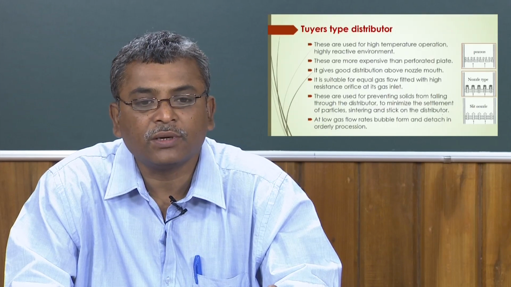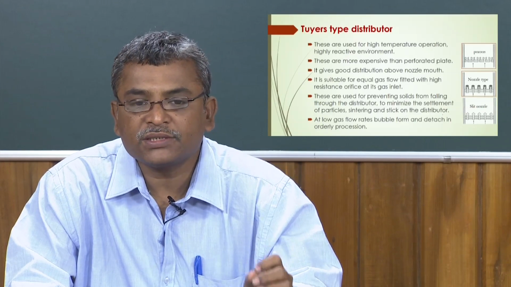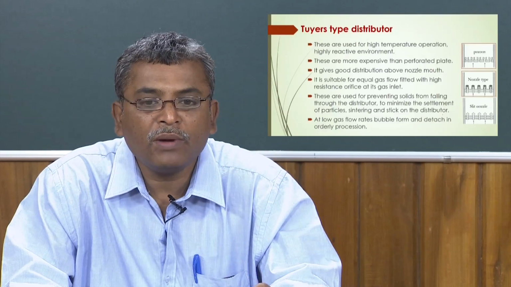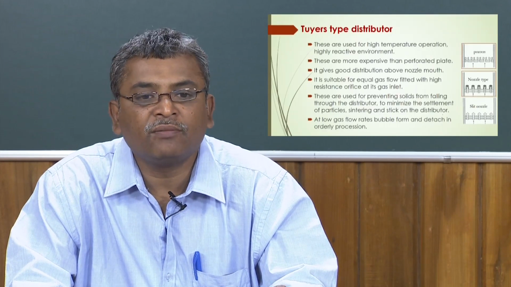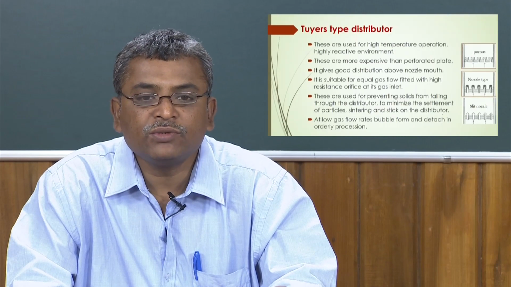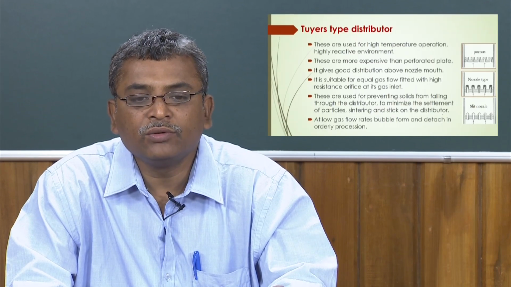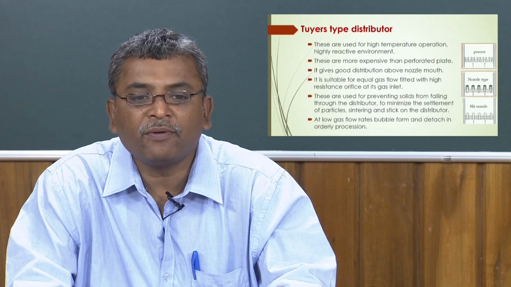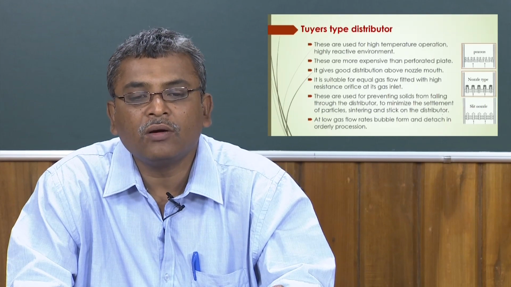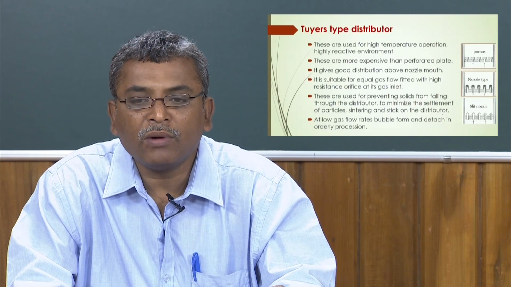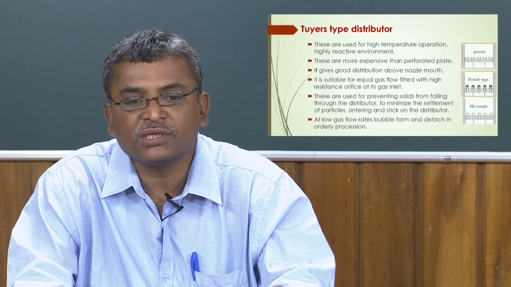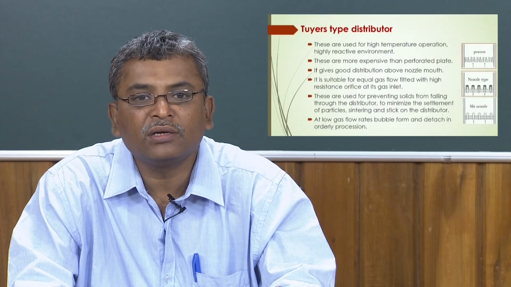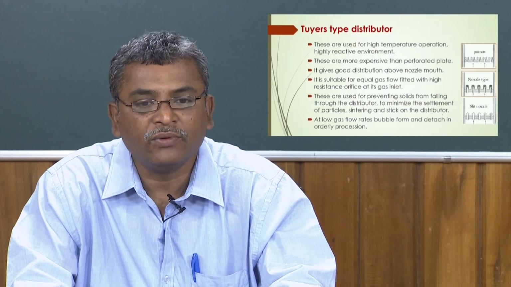At low gas flow rates, bubbles generally form and detach in orderly positions in this type of tuyere. So this Tuyere type distributor is very much preferred for low gas flow rates, where bubbles are formed and detached in orderly positions, as required for getting different flow regimes of the bubbly fluidized bed.